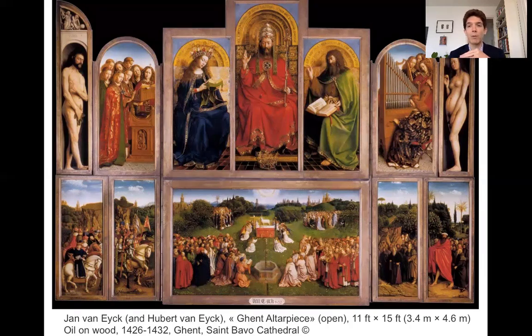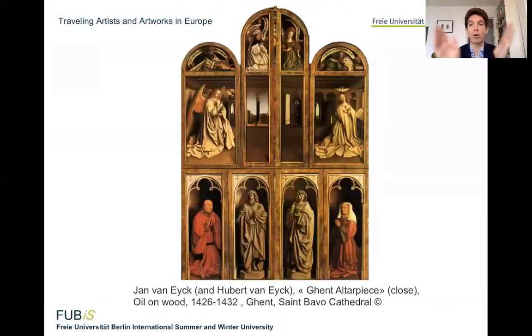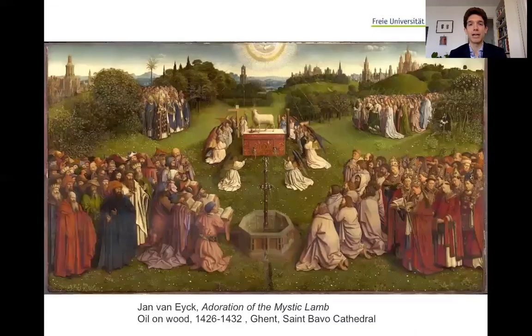Here, again, we see this altarpiece that, as you can see, is more than 11 feet high and 15 feet wide. We see it open. Here is the altarpiece closed. Again, you have to imagine these different ways of access that people at the time had to the altarpiece.